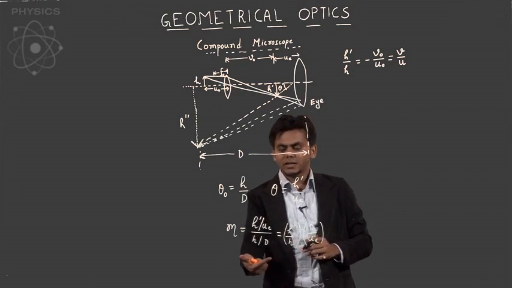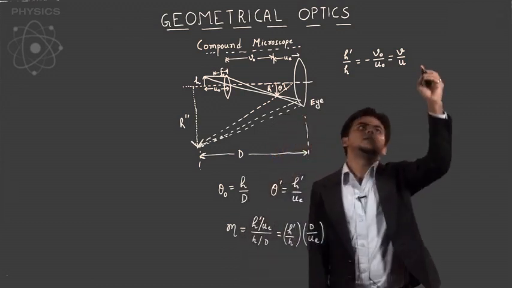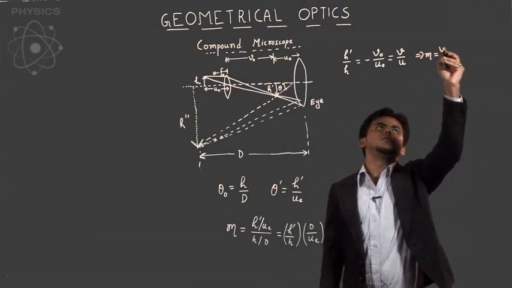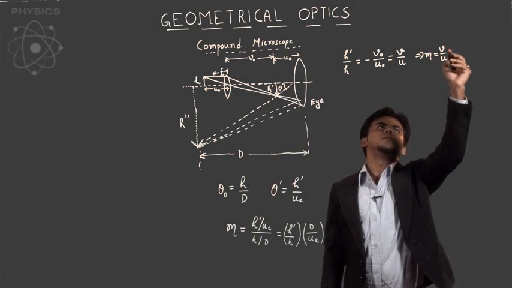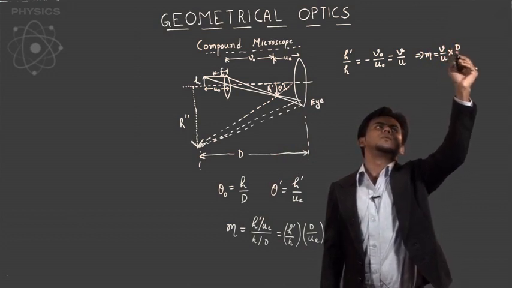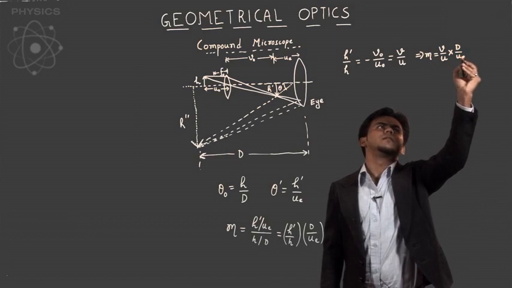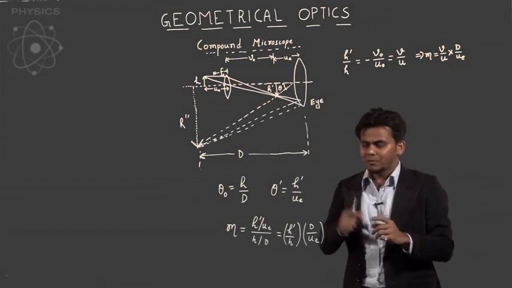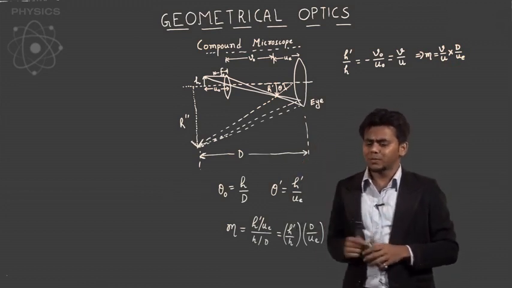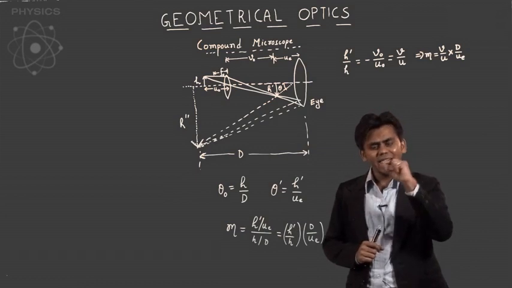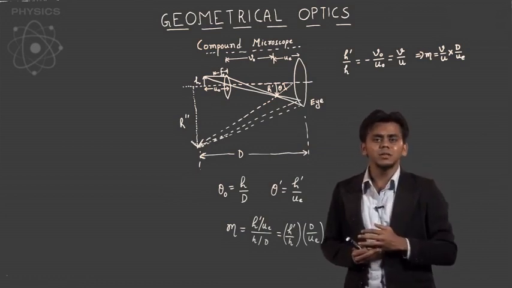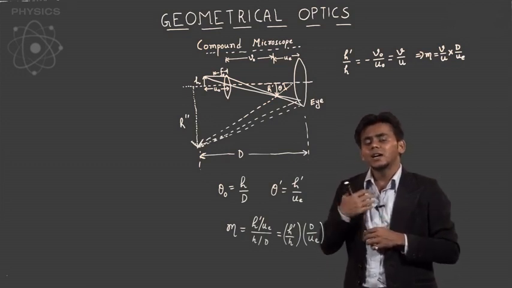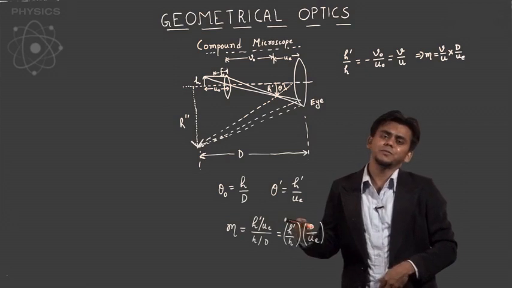So I can rewrite this magnification as, this implies my magnification is equal to V by U into D by UE. Now, I know from the analysis on simple microscope that D by UE would be D by FE for normal adjustment and 1 plus D by FE for the adjustment for least distance of distinct vision.